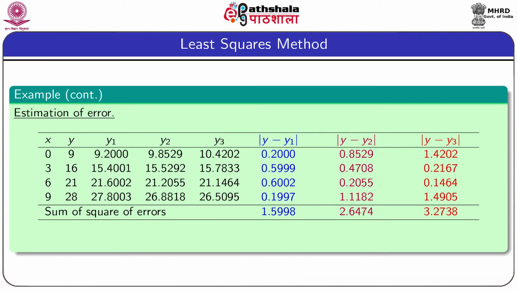Then the sixth column represents the absolute values of y minus y1, that means the residual for the true value y minus y1. The next column represents the absolute residuals for the curve y2, that means the absolute value of y minus y2, and the last column represents the residuals for the curve y3, that means y minus y3.